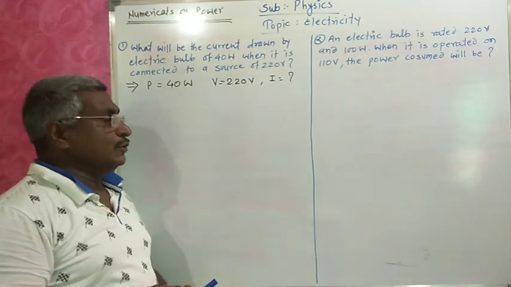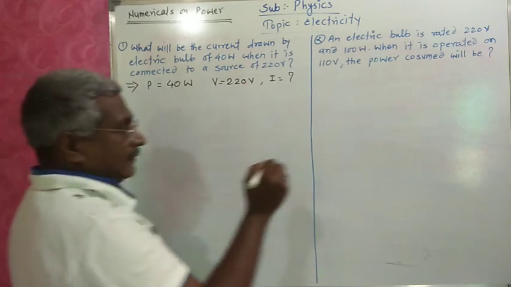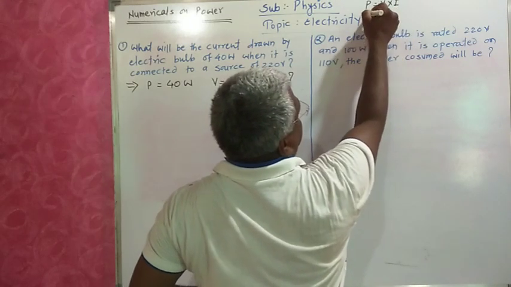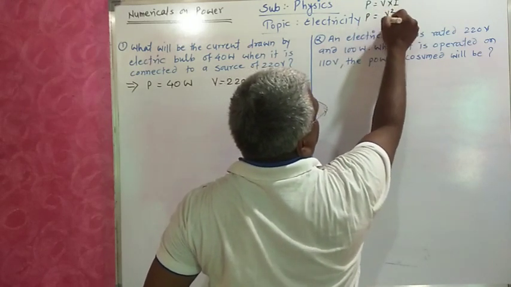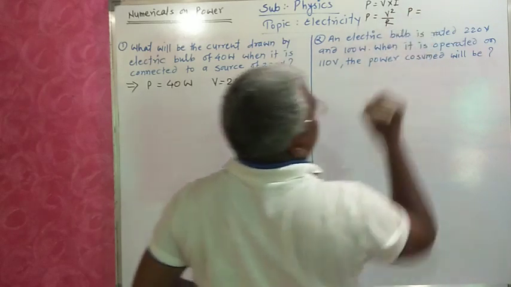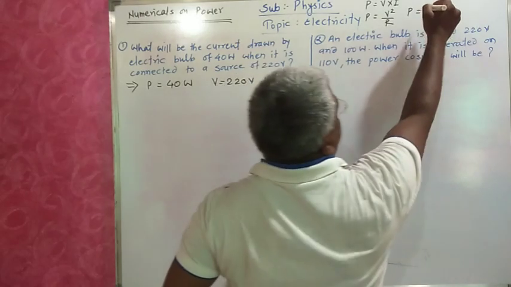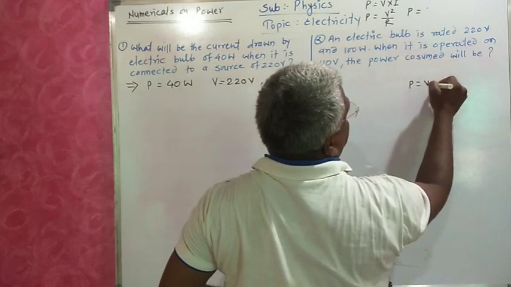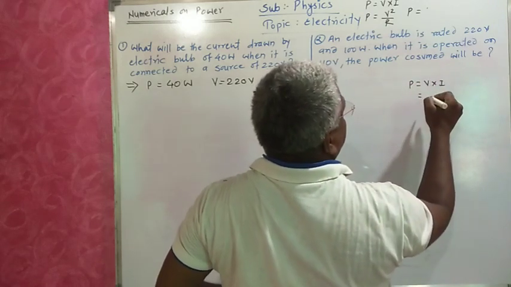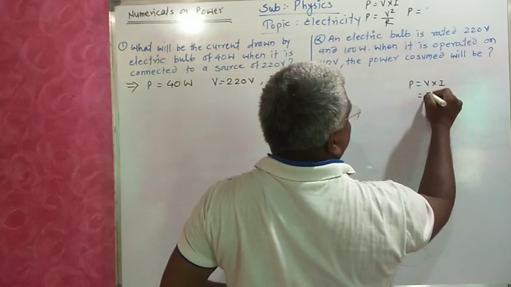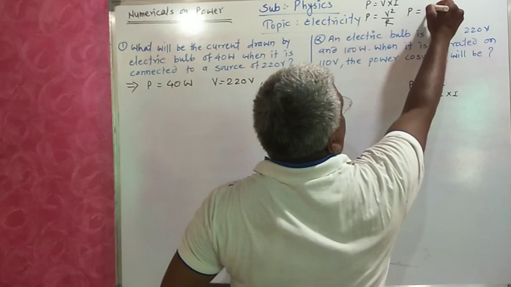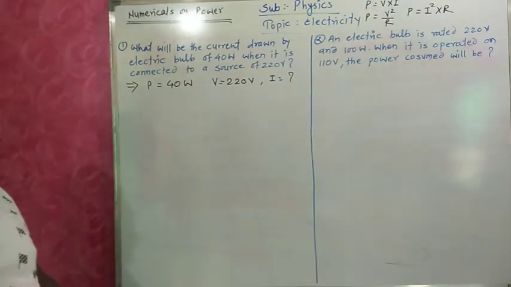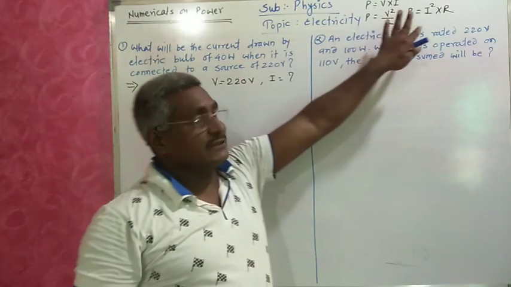The first expression I will write and keep here: P equals V into I. Second expression, P equals V square by R. And the third expression we studied, since V equals R into I, is I square into R. So these three expressions we already studied and derived.